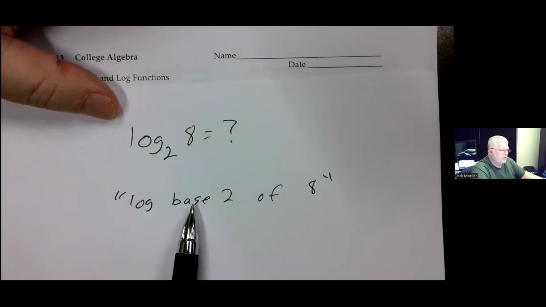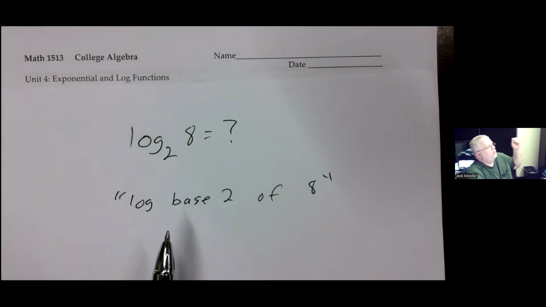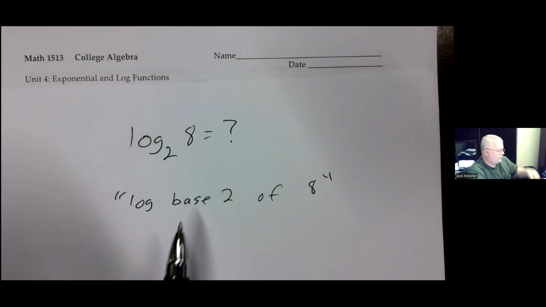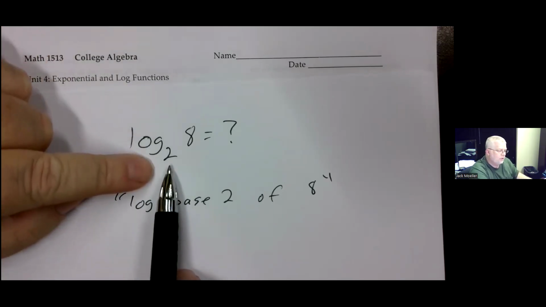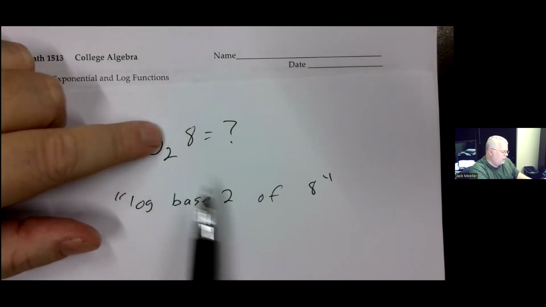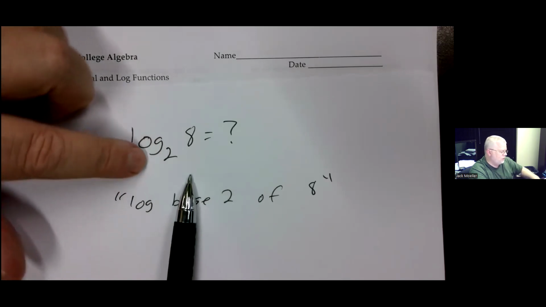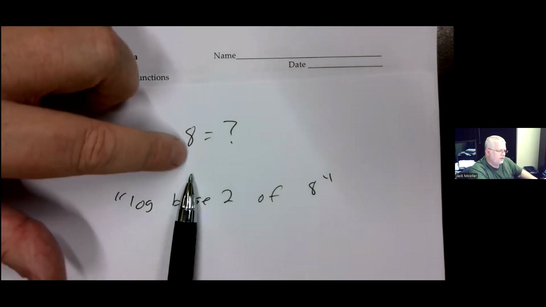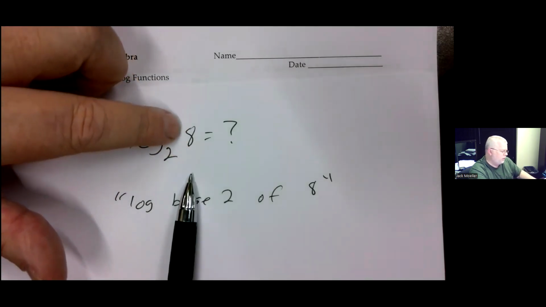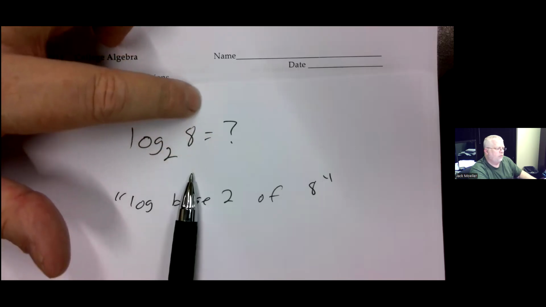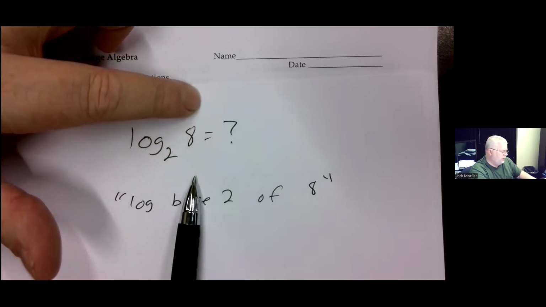When you hear base, that tends to force it down into the subscript, not up here with the log. I've found that people who don't say the word base tend to let the base drift up to where the eight is, and then the eight drifts up to an exponent. That's not what we want.